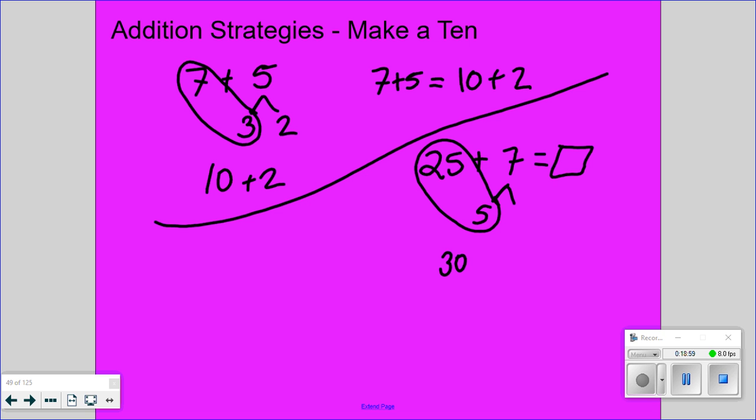Colby, if I use 5 from my 7, how many do I still have left over? 2. Beautiful. So now I've got 30 plus 2. 32.